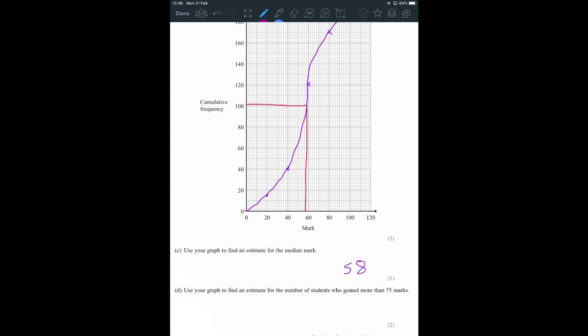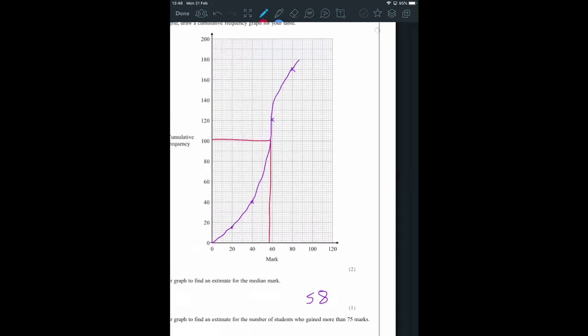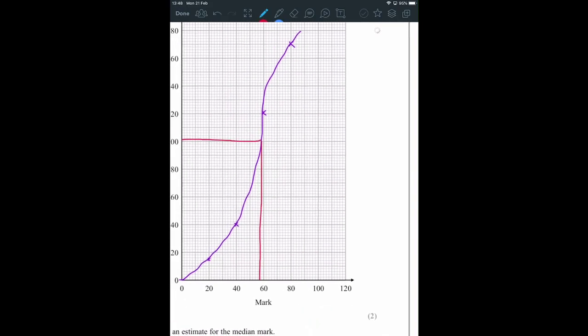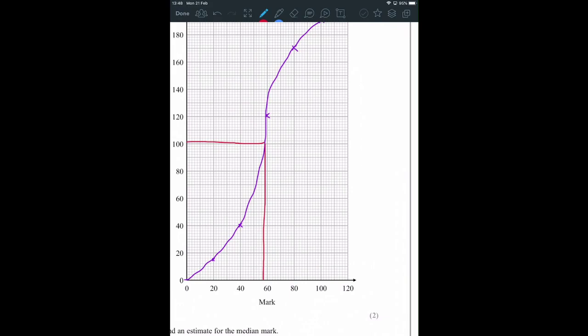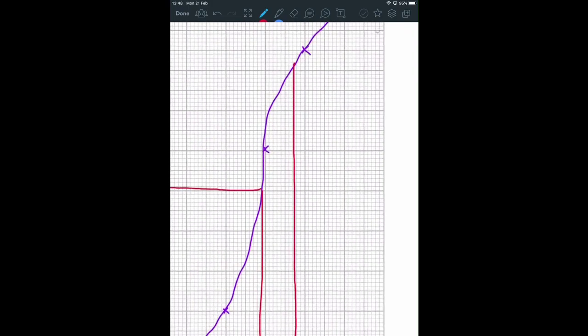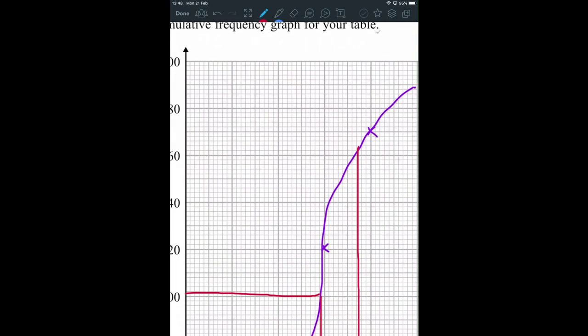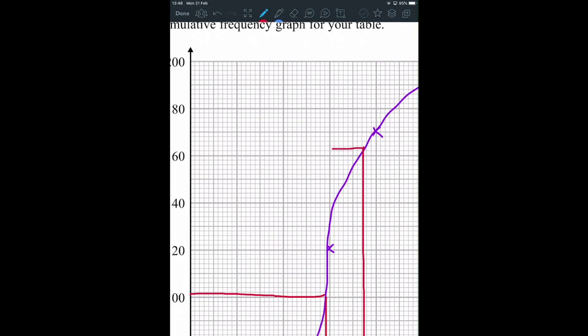Use the graph to estimate the number of students who gain more than 75 marks. Well, 75 down at the bottom, that's going to be quite an awkward section, because there's 70, so 75 is kind of halfway through the next 2 bars, and I wiggled a bit there, and then we need to go across the graph, across the y-axis.